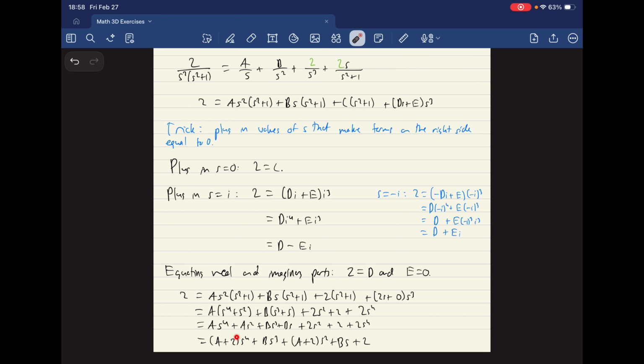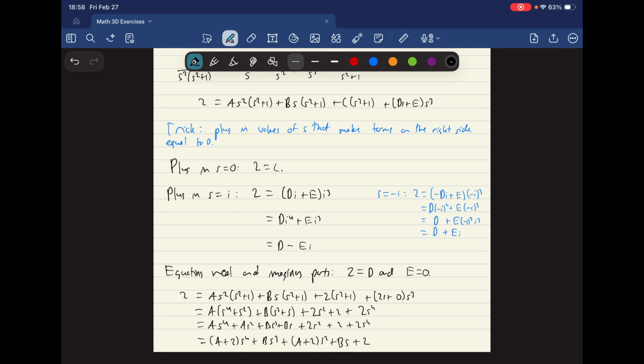And so if we equate the coefficients here with those on the left side, we see that a plus 2 must be 0 and b must be 0. Which gives me that a equals -2, and again, b is equal to 0.